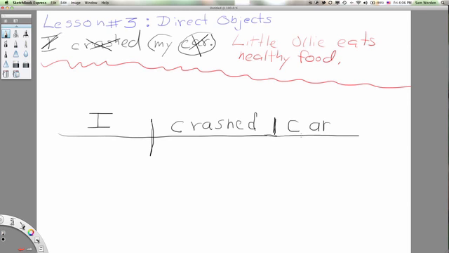And it works like any other adjective. It tells you which car. Did I crash your car? No. Crashed my car. Boom. Subject, verb, the thing the verb is acting on. A little line, and it just tells you which one it is. I crashed my car. You could put a little period there.